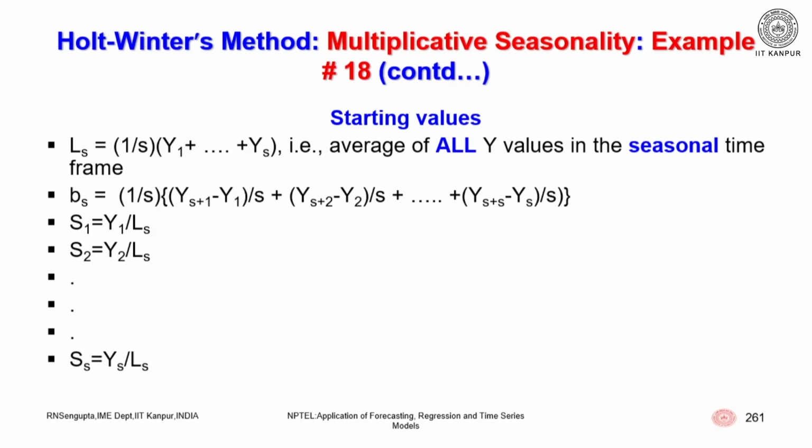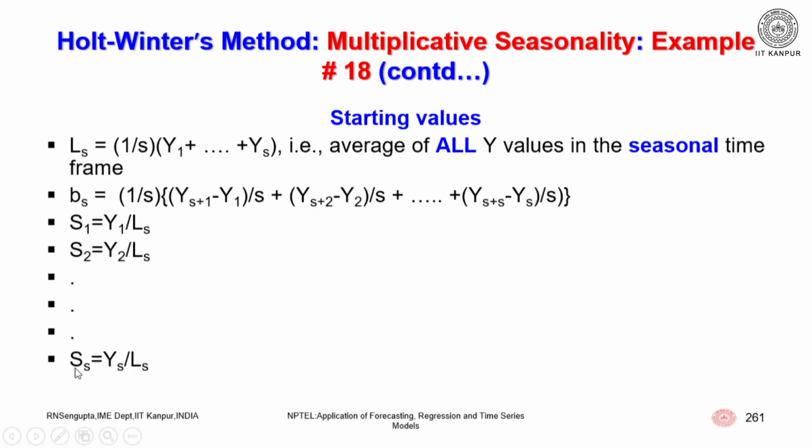This is the slide. It shows the starting values, how you calculate them. You find L_s as the sum of y1 to ys, the average of all the values in the seasonal time frame. You have B_s, which is given by (y_{s+1} minus y1) divided by s, and you continue till (y_{s+s}, which is y_2s, minus y_s) divided by s, and from all these you find the average.